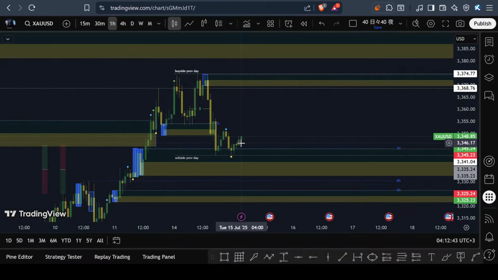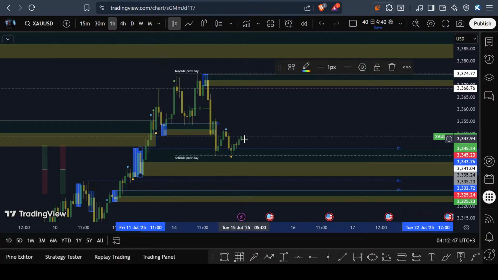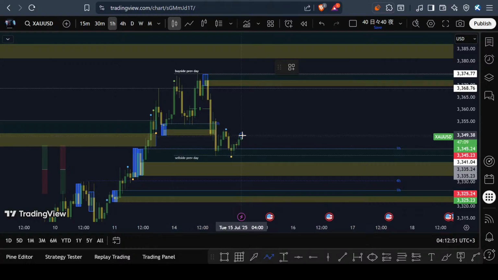We need 4 candles to close above the demand, and we see something like this at the close of the 1 hour. We see something like this, and a continuation to push the upside. That is what I'm anticipating. Yep, that is on the 1 hour.